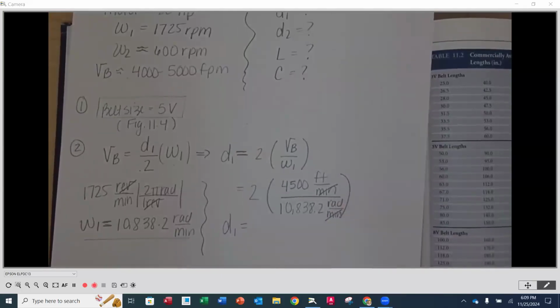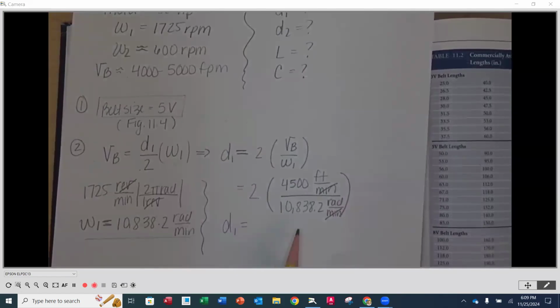Feet and radians do not cancel, but what are the final units for this diameter at this point? It's feet, right? Because it would be feet divided by radians. Radians magically disappear when they're multiplied or combined with something else or divided into something else. So what is your value that you get here for your diameter?